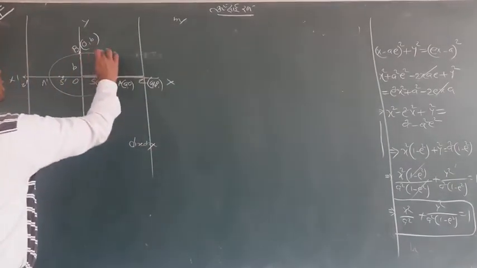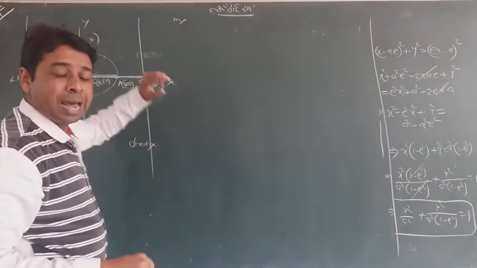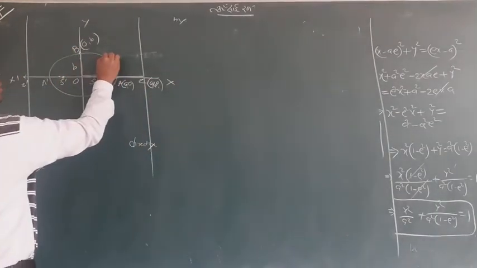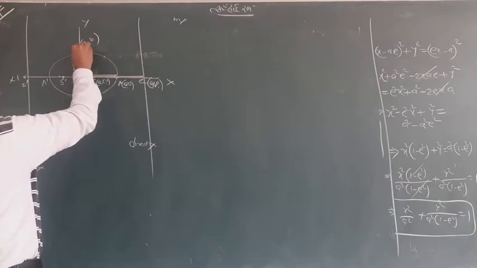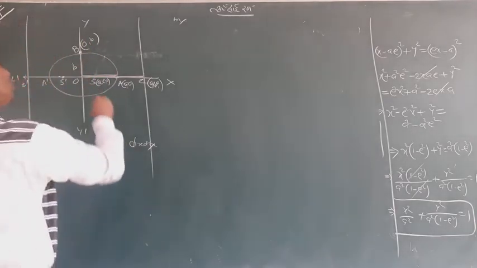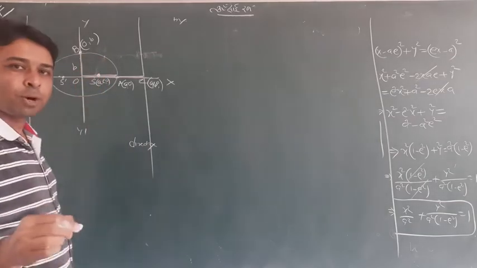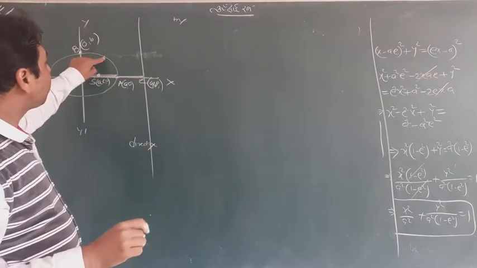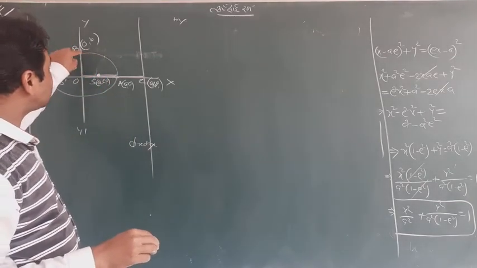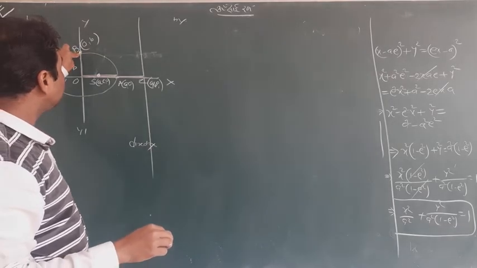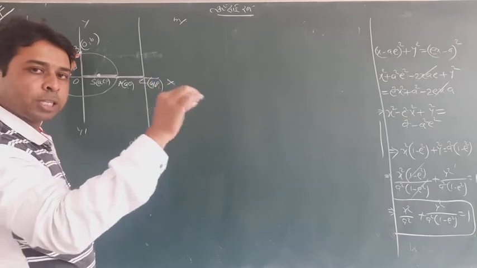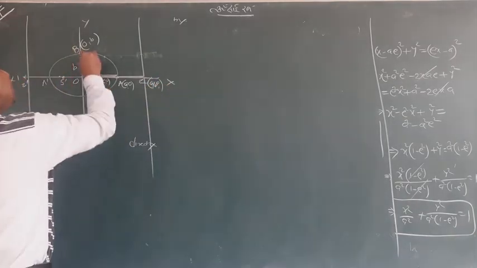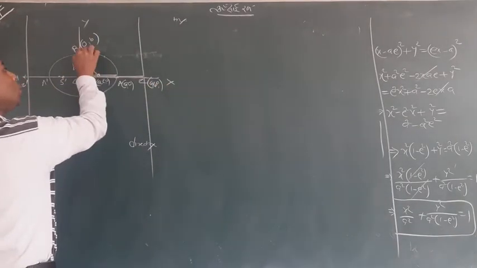So I take B, a particular distance from my side, as 0b. Now, my P is a moving point. Suppose P is not here, but after moving, at some instant P is here. This is my S, focus. And this was P, but after moving, suppose it reaches here, and at that instant it stops at that spot. I follow the same definition.